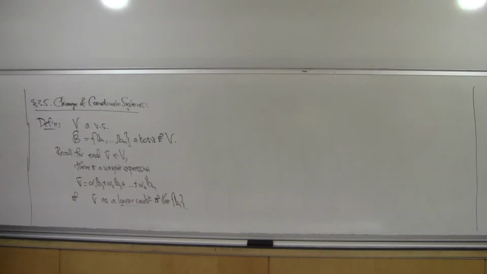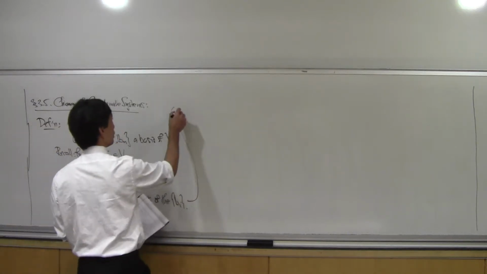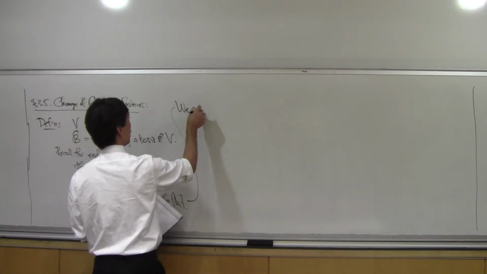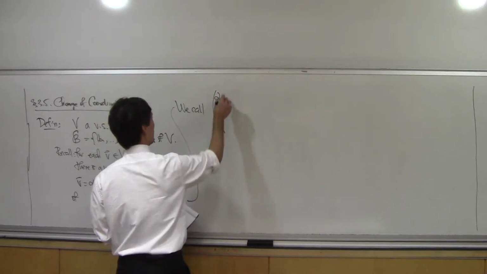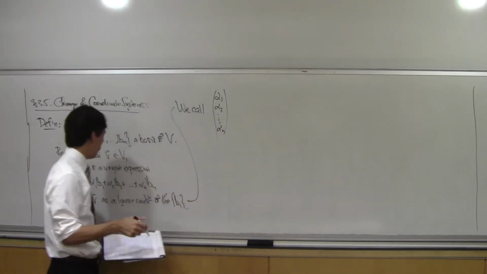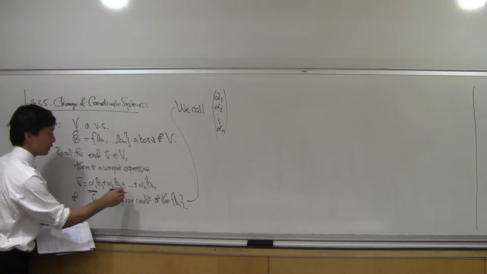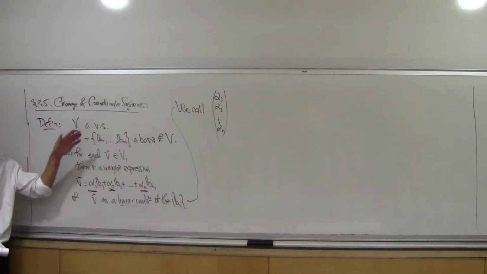So recall that we call the vector alpha 1, alpha 2, to alpha n, the vector of coefficients. We take all those coefficients and we put them in a column vector.